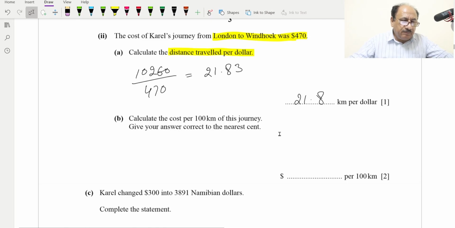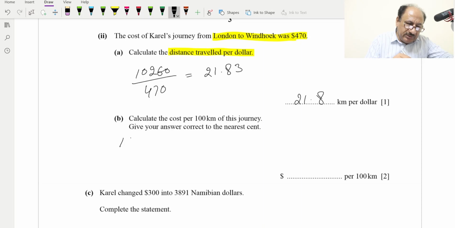Calculate the cost per 100 kilometers. So the total distance is 10260, and we change into 100 kilometer format, because we require the cost per 100 kilometers of this journey, and we have to answer correct to the nearest cent.